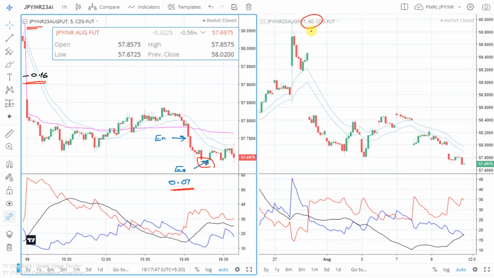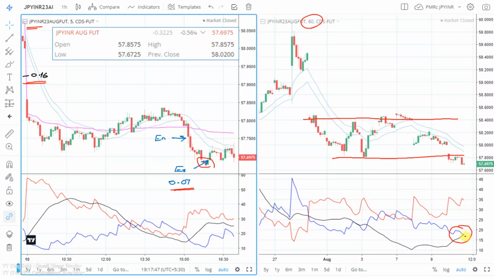For positional traders, the 1 hour chart. This is the channel I kept telling about till yesterday. Today it has broken. So those who have long positions would have exited today. Those who are in short positions can hold. Even the indicator is showing the same thing: the plus DMI is coming down and ADX is trying to cross it.